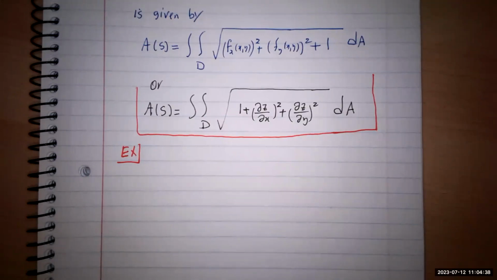The region like a triangular region, or in your book, rectangular region are popular. So I just give you one here so that you know how to handle it.